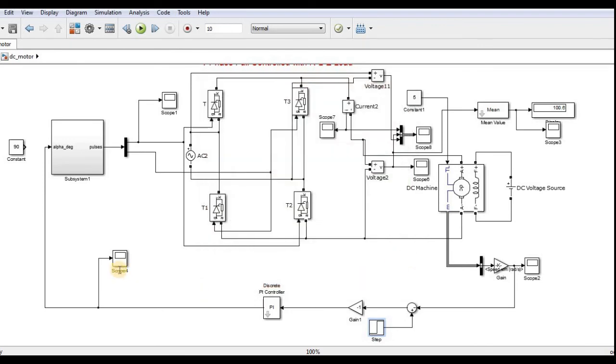See, my reference is initially 750, and after 1.5 seconds, my input or my reference will be 1000. So my speed should reach 1000 after 1.5 seconds. Let's see the output.